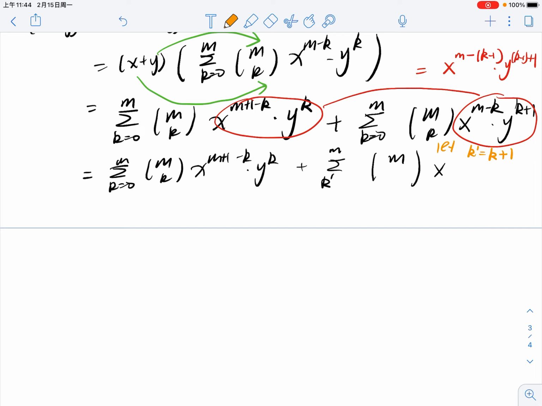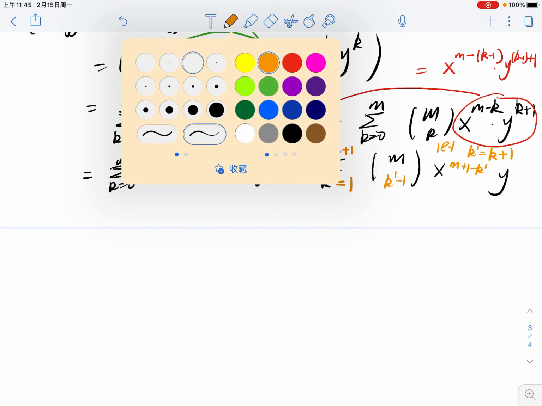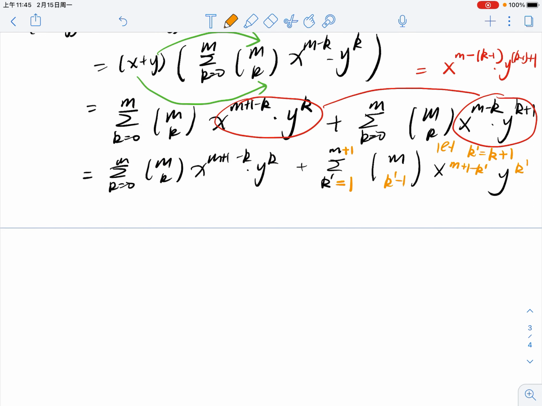Then here the bound will be k prime starting from 1 up to m plus 1. And here you have k prime minus 1, x to m plus 1 minus k prime, and y to k prime.